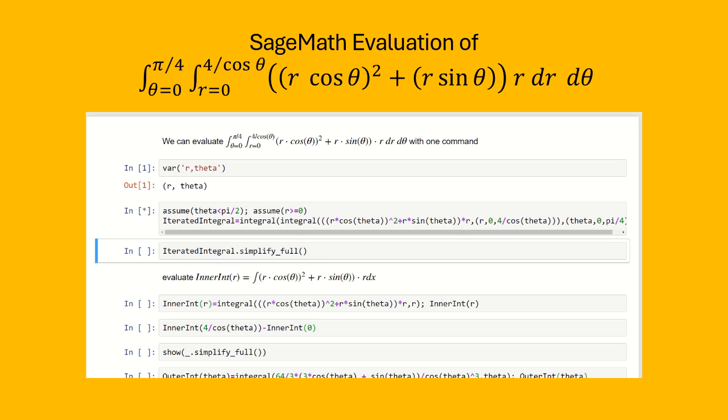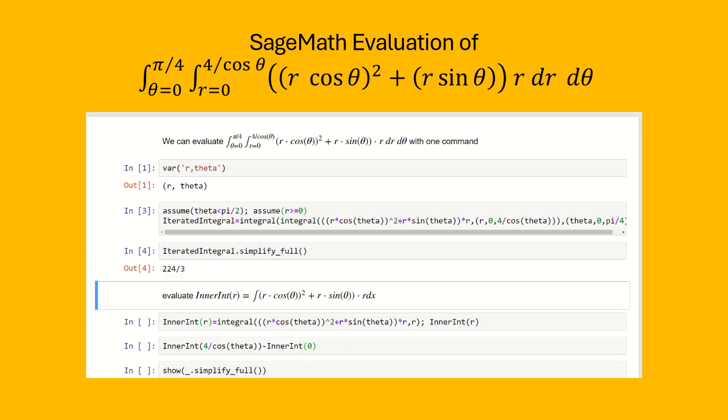So if we execute that statement, let's try that again. Now we want to simplify that, and it turns out to be 224 over 3.